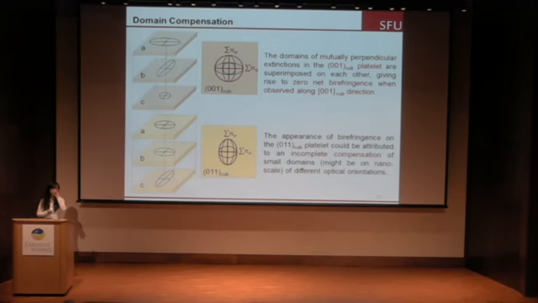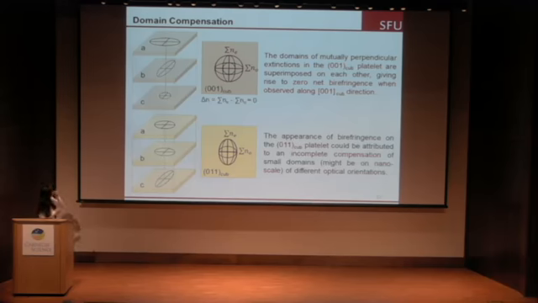And usually in a crystal platelet, we have so many domains stacking on top of each other. In a 001 cut sample, if we look from the top, we will have an overall effect like this. So in a 001 cut platelet, the domains of mutually perpendicular extinctions are superimposed with each other, and that gives a zero net birefringence.